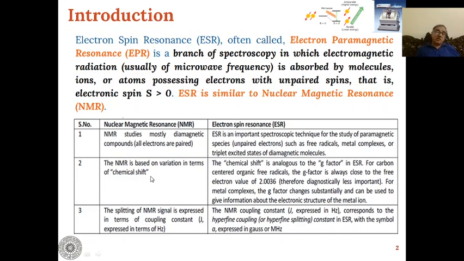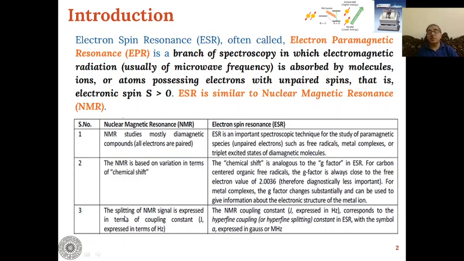Then NMR is based on variation in terms of chemical shift. So we record the NMR and we see the variation of different types of groups in terms of chemical shift. Whereas in case of ESR, a similar analogous quantity is the G factor. So we will see the G factor for different types of species in ESR.